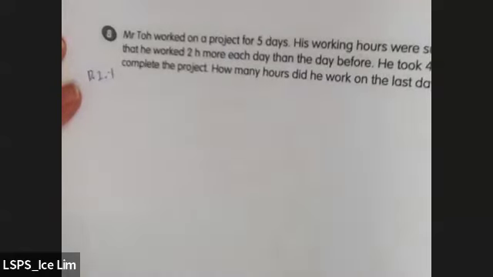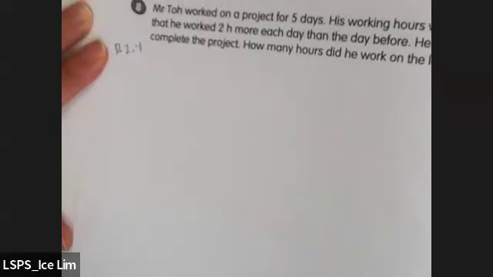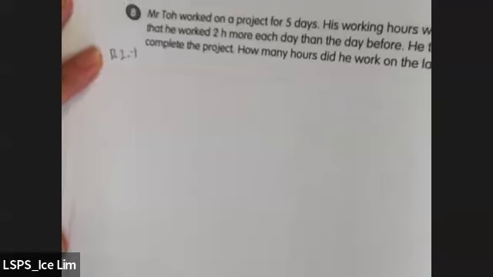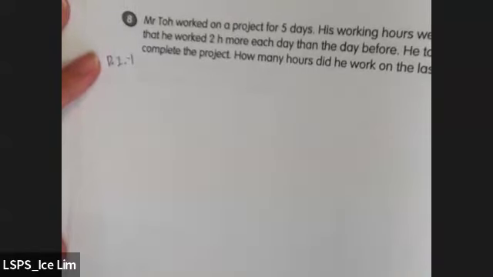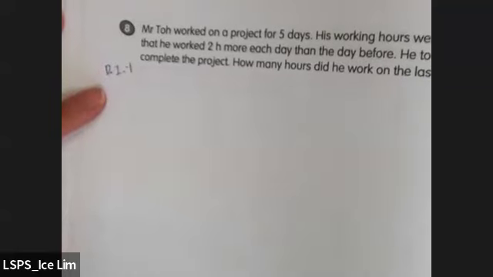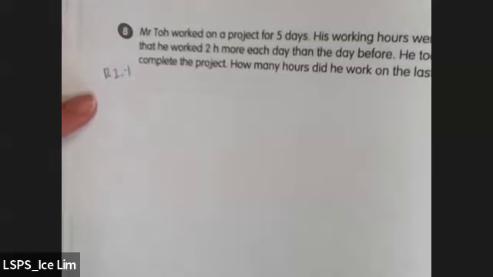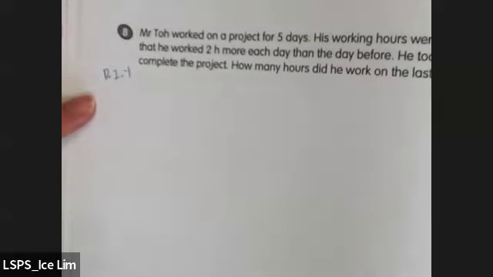May I know who have not finished until the last question on page 46, question 8? You can check on the channel. Who's finished? 1, 2, 3, 4, 5, 6, 7, 8, 9.